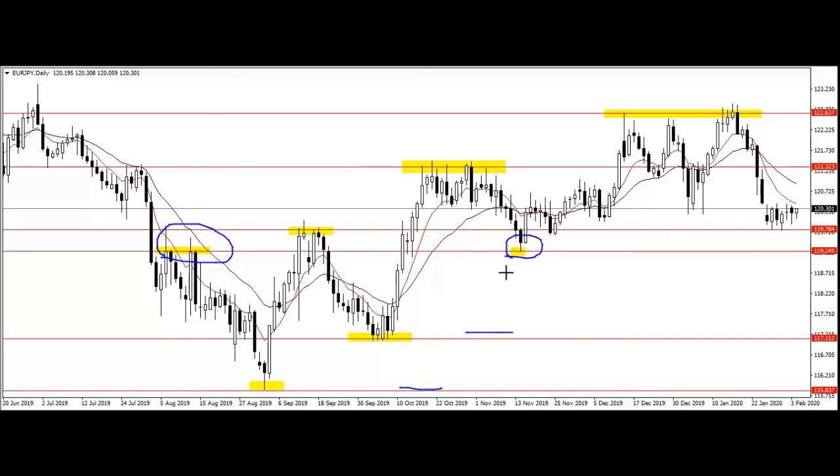We have more resistance here, previous resistance at around the 119,784 area or thereabouts. We have previous resistance here at around the 121,20 level, and of course most recent short-term resistance around here at 122,630. So my analysis on this pair is, as I said, bearish.